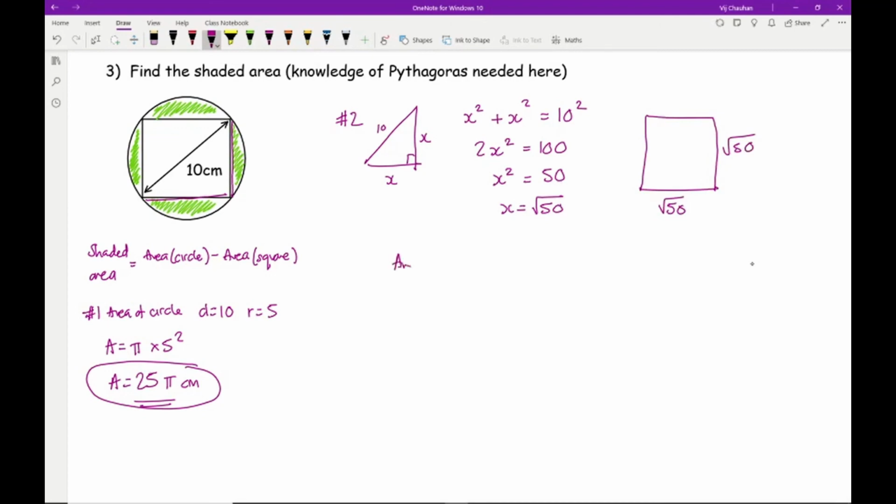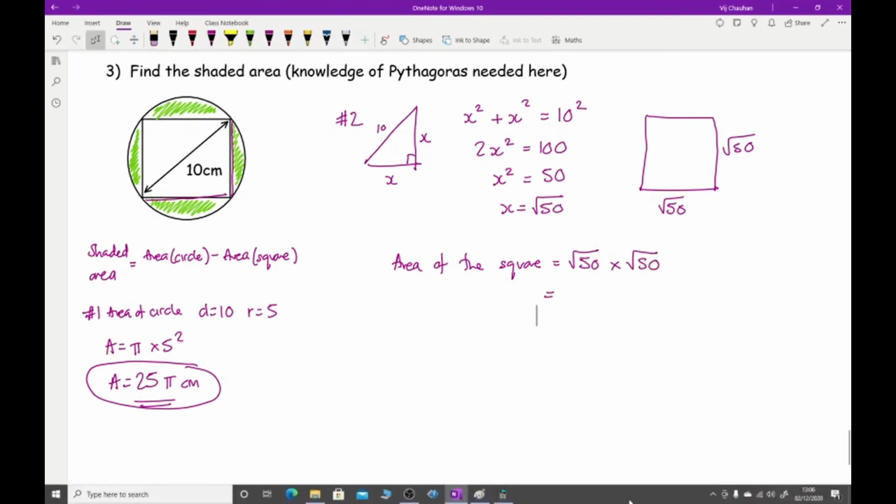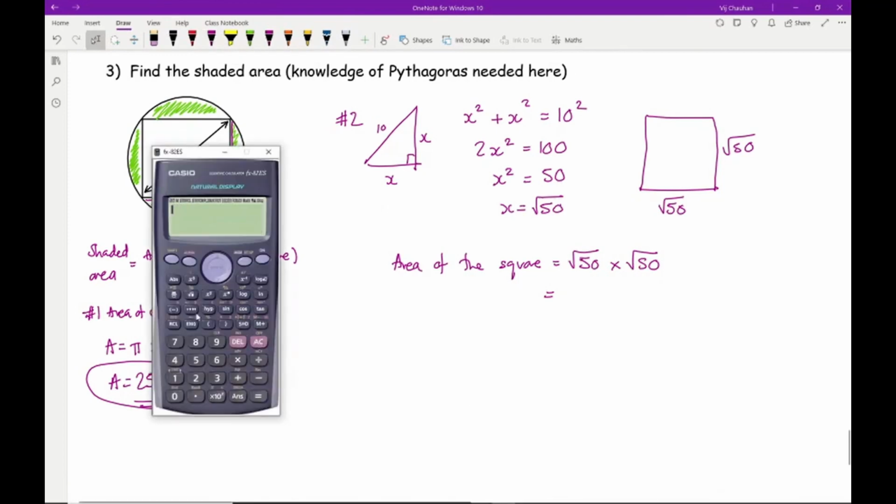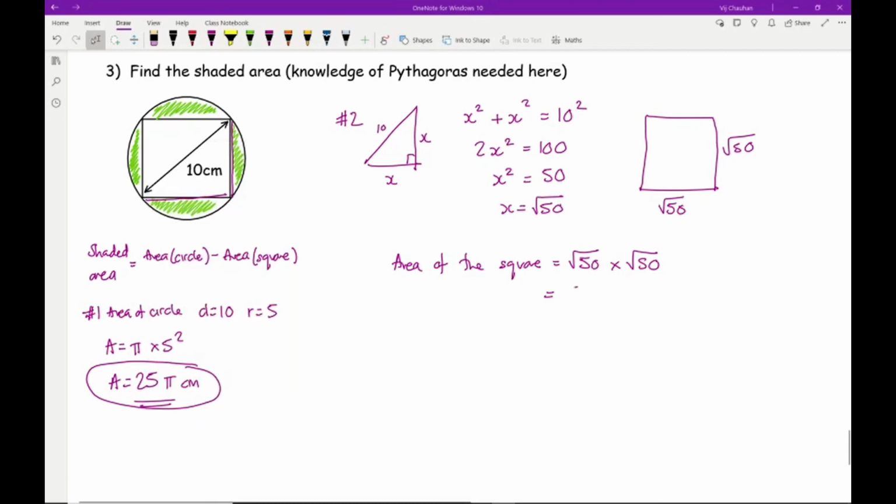So to work out the area of the square, it's going to be root 50 times root 50, which if I type that into my calculator, again reset the calculator, I'm going to do root 50 and then scroll across times root 50, or I could just do root 50 squared, press equals, and it gives me 50, and that's centimetres squared.